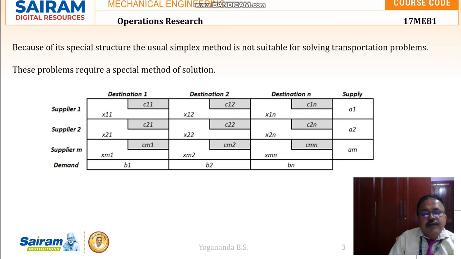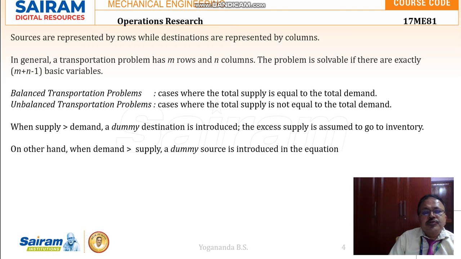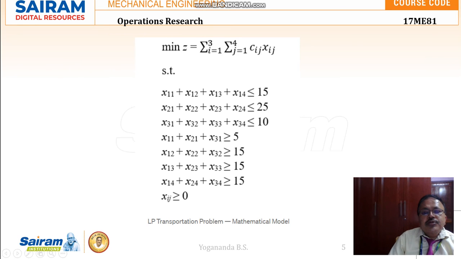If 4 destinations are there, j is equal to 1 to 4. 3 suppliers are there, means i is equal to 1 to 3. So here is the sum of the cost incurred.